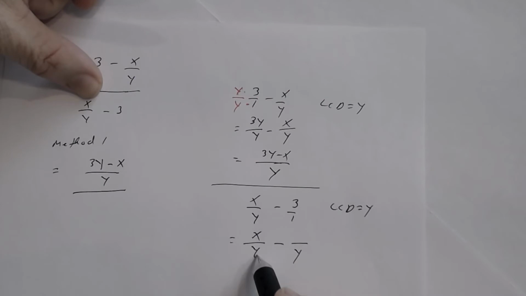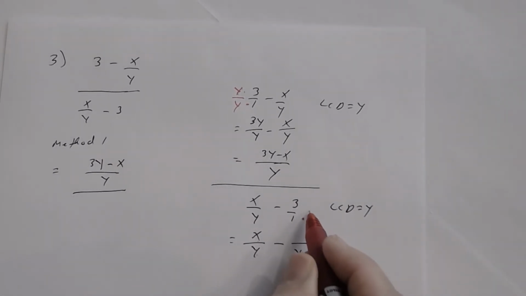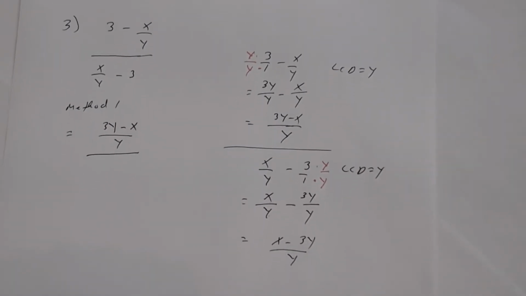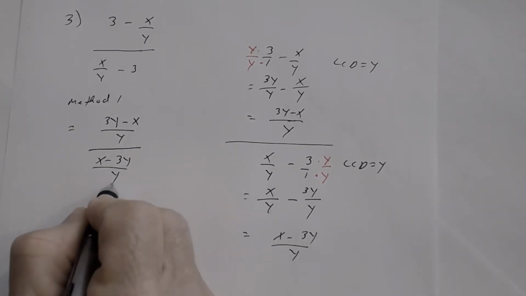So the denominators are the same, the numerators have to be the same. And then here, to get a y, I need to multiply this 1 by y. What I do to the denominator, I do to the numerator. And so I get 3y here. So then this becomes x minus 3y divided by y. So that's this right here. So x minus 3y divided by y.